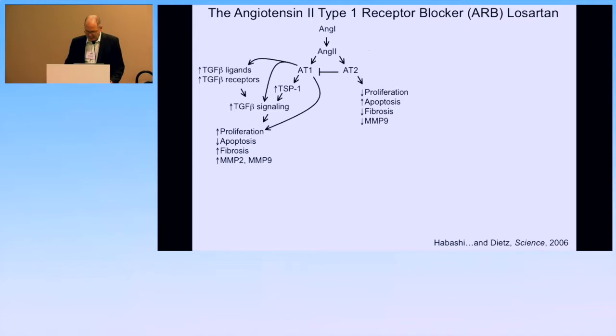So the concept was that selective blockade of the AT1 cascade with drugs such as losartan would be beneficial by suppressing expression of TGF-beta effectors and perhaps also by shunting signaling through the protective AT2 pathway, a concept that we went on to demonstrate, but I won't have time to talk about today.